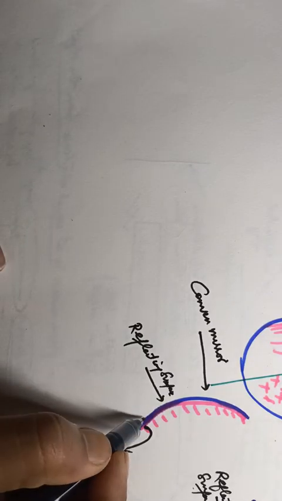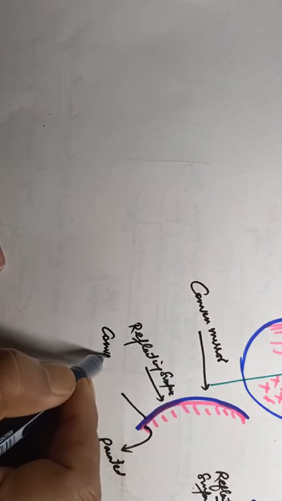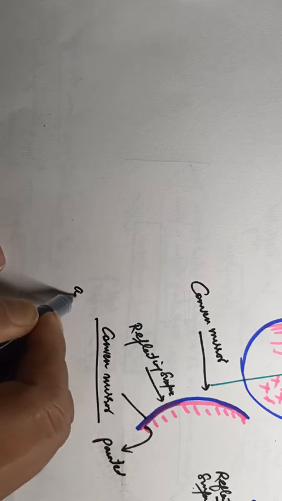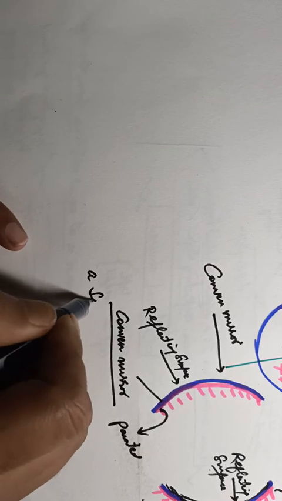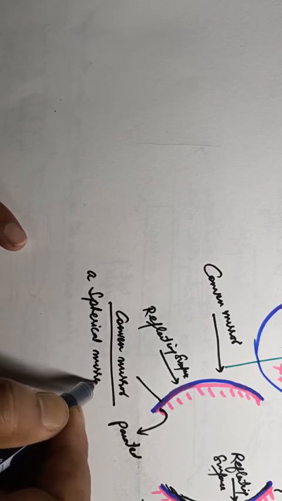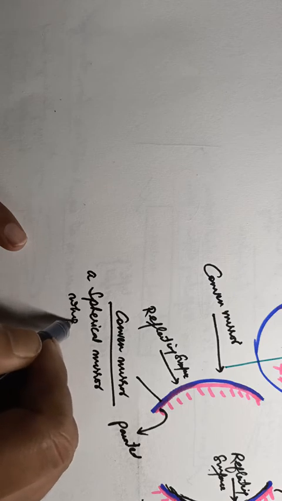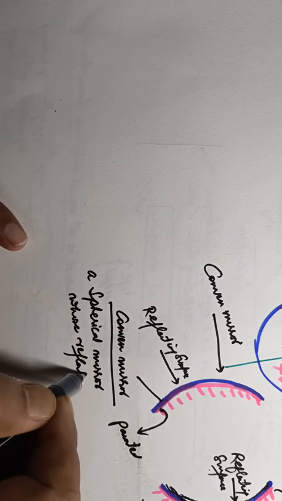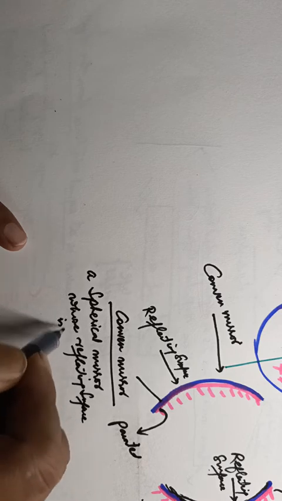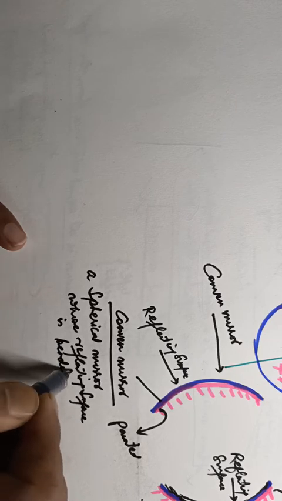Then similarly, when it comes to convex mirror, right? So what is a convex mirror? A spherical mirror whose reflecting surface is bending outwards.